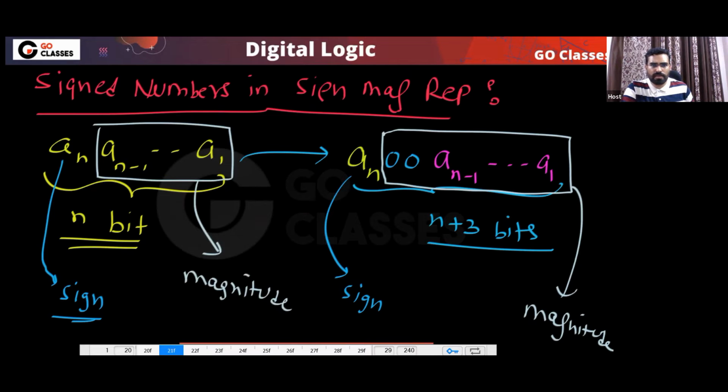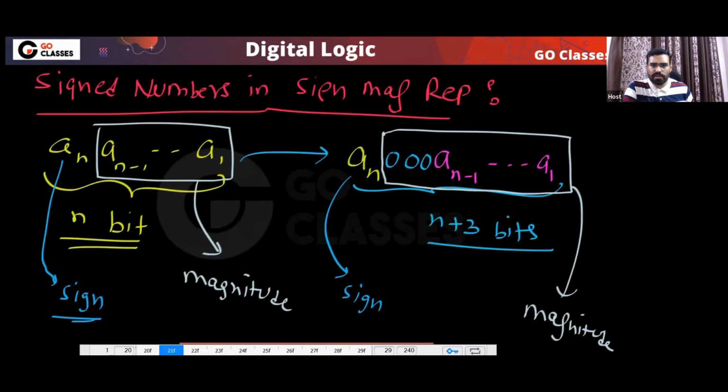Oh, 3 zeros. Yes, sorry, there will be 3 zeros. Now this is correct. Very simple.